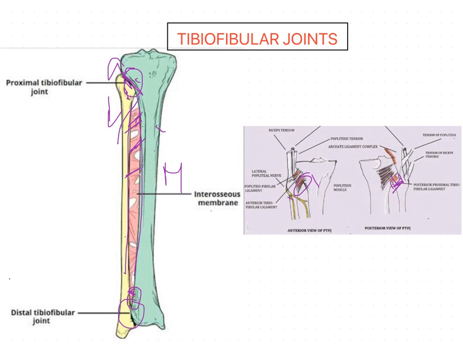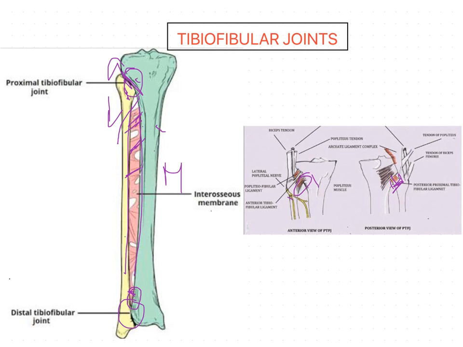If you see the nerve supply, this one is also supplied by the nerve to popliteus. The main function is that it holds the shafts of tibia and fibula together and strengthens the fibula for muscle attachments. This interosseous membrane also provides some additional surface for the attachment of muscles.